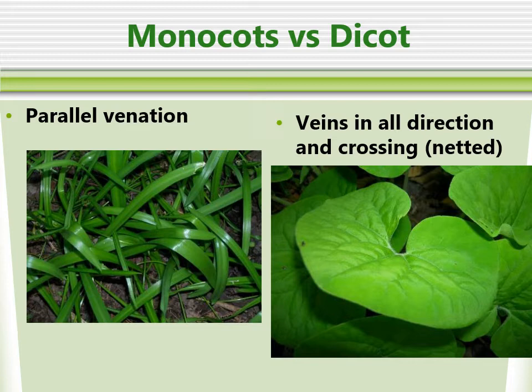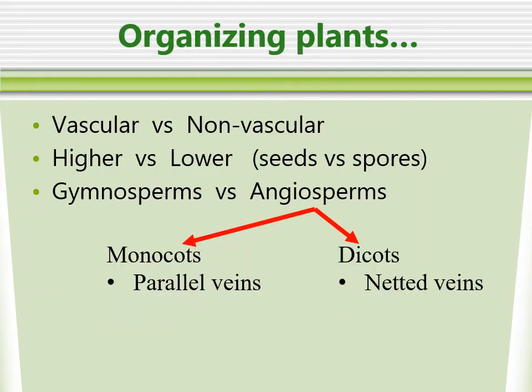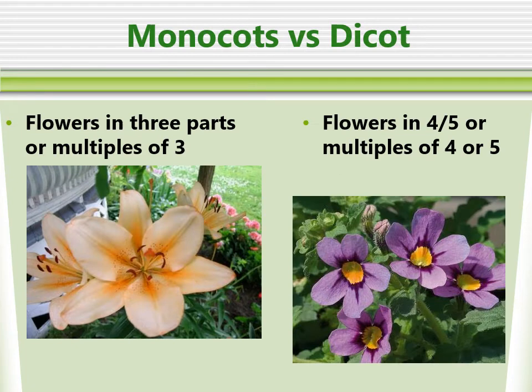Another way to distinguish monocots and dicots is looking at the veins in the leaves. In a monocot, the leaves tend to be longer and the veins all run parallel through the tissue. And in dicots, the veins branch out like rivers and tributaries on a map, and so we call that netted venation. So we have angiosperms being divided into monocots and dicots, with parallel veins in monocots and netted veins in dicots.